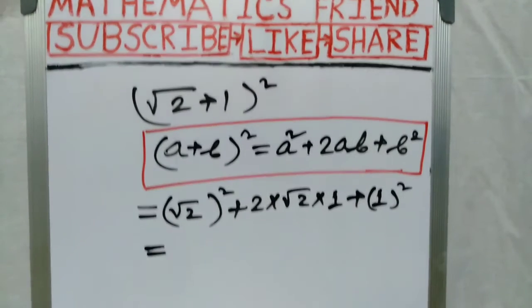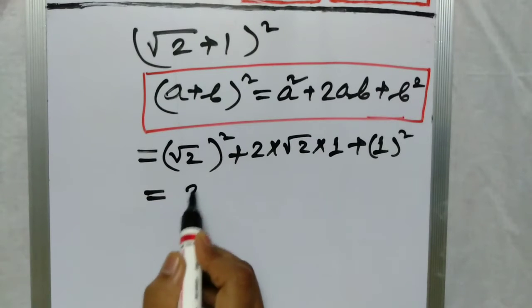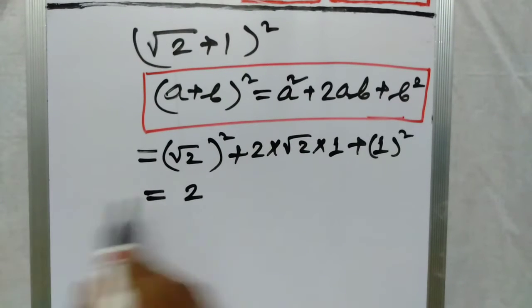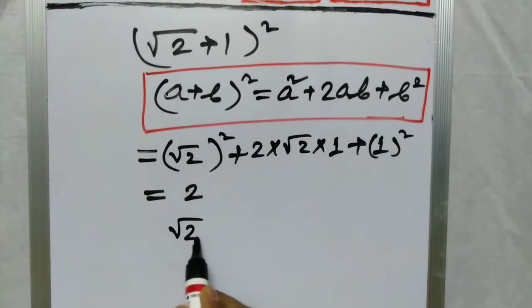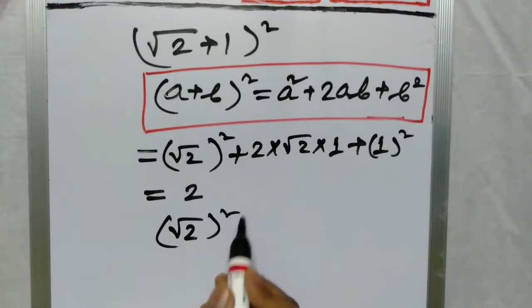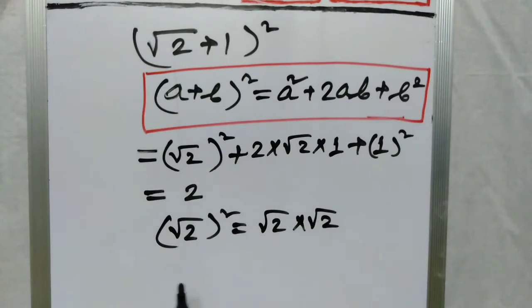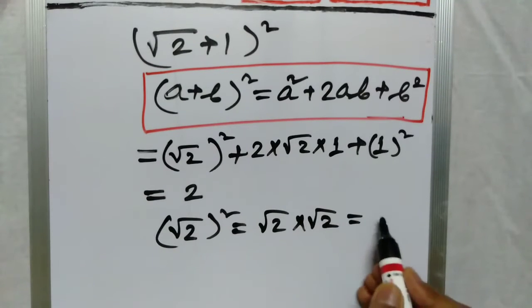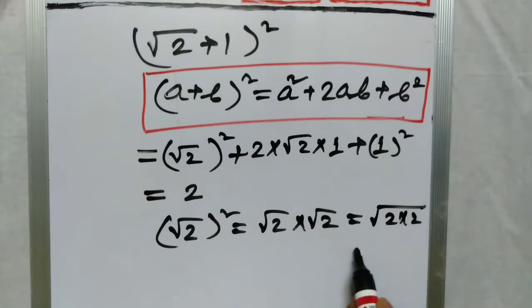Root 2 square is 2. But how? Root 2 square is equal to root 2 into root 2, which is 2.